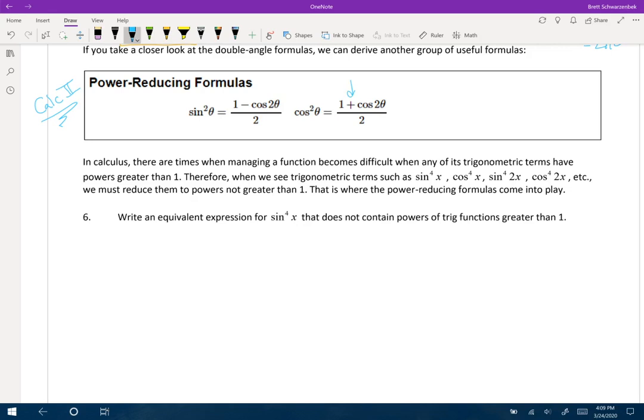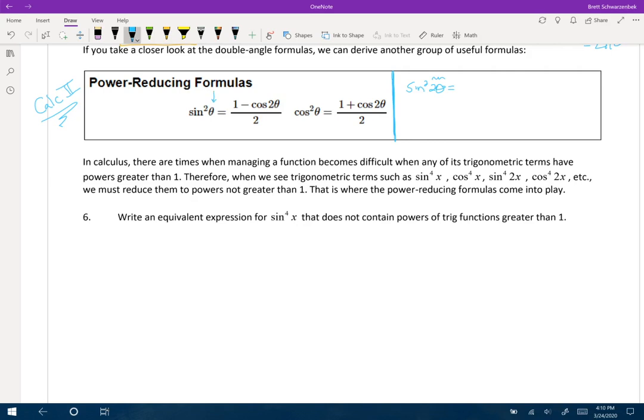So one small thing that I want to add on to this. I'm just going to put a little thing here, and you can do the same thing. So what if you were given something like this, sine squared 2 theta? So a double angle squared. This isn't as bad as you think it would be. Basically, if you look at the original sine, there's a single theta here, and now there's a double theta.